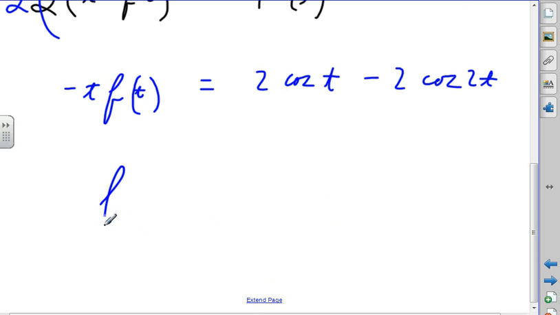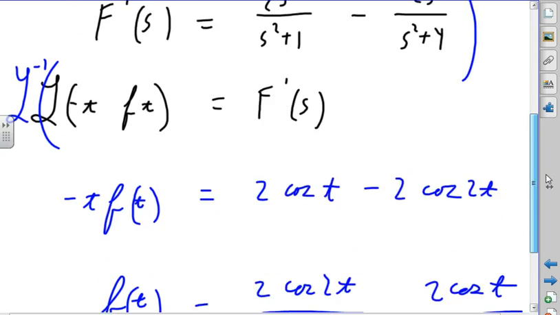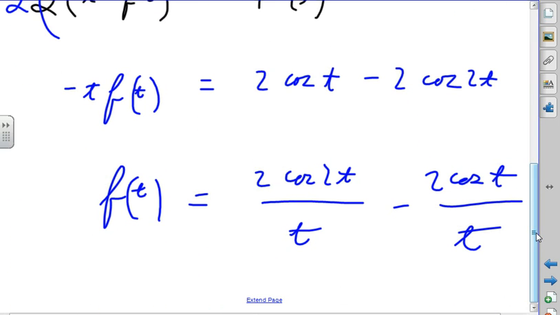So I'm going to have f of t equals 2 cosine 2t over t minus 2 cosine t over t. That's number 24.